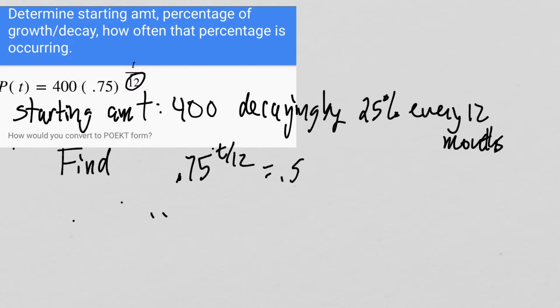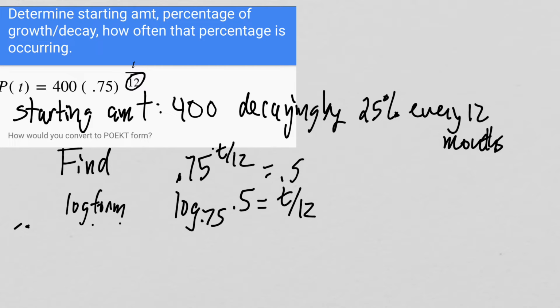This is going to help us to get our half-life. So let's change this to log form here. So I have log base 0.75, 0.5 is the answer there, and here's the power on the outside.